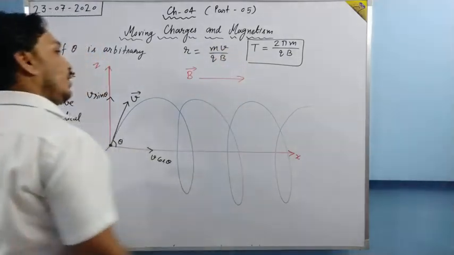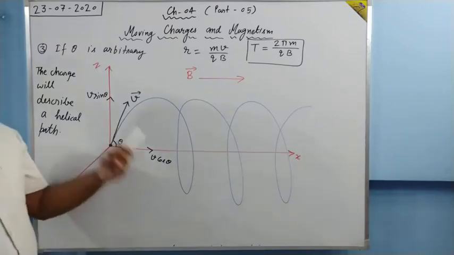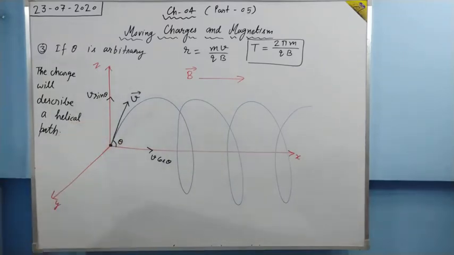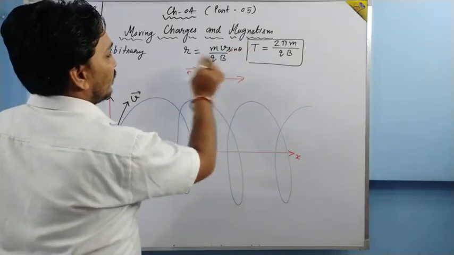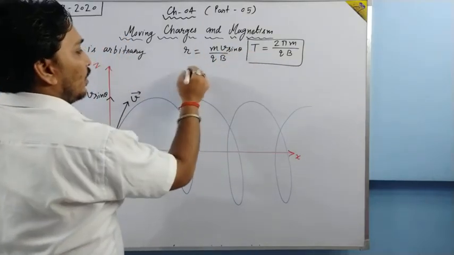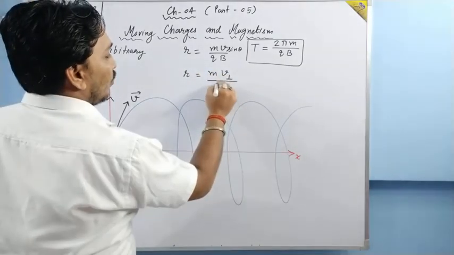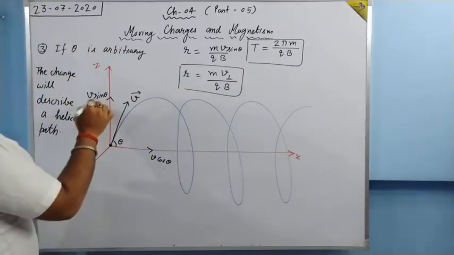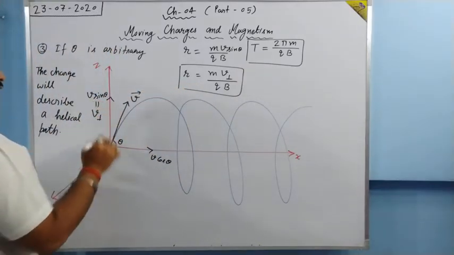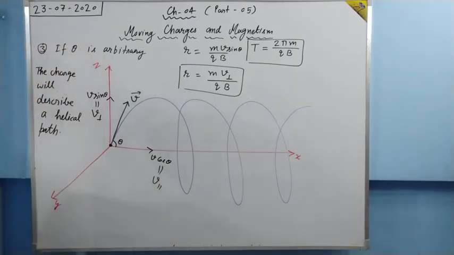But here we need to understand that the circular path is described because of v sin theta. So instead of v, we should take v sin theta, which is also written as m v perpendicular upon qB. This component is called v perpendicular and this component is called v parallel.